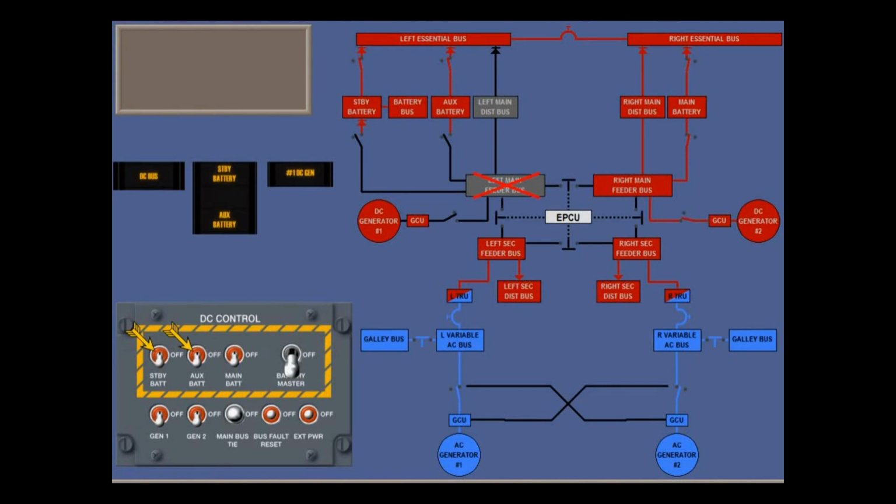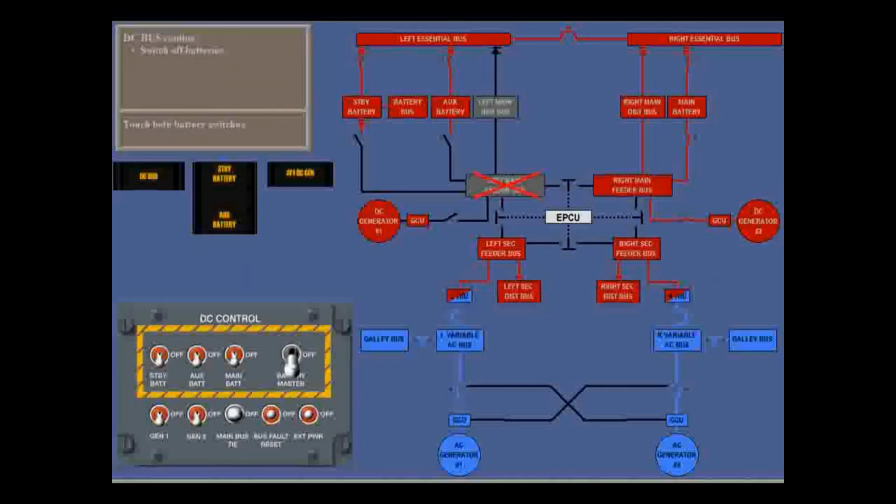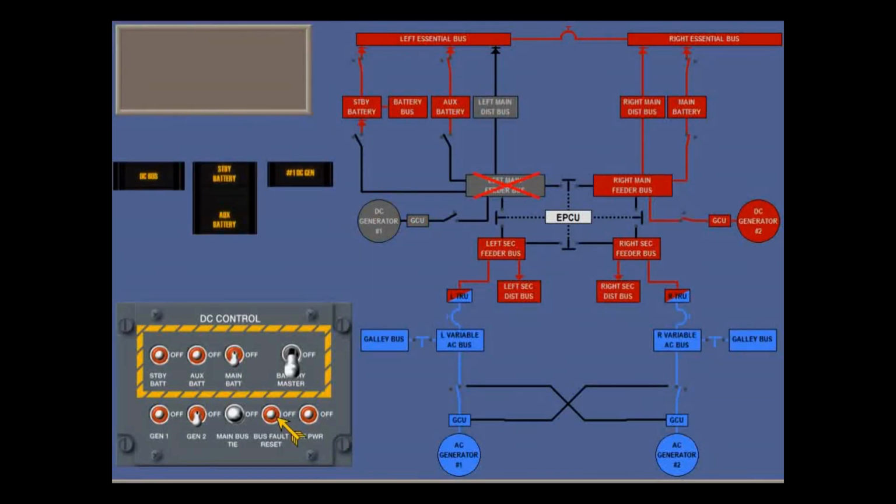You should firstly switch off the batteries. Touch both battery switches. Then switch off the generator. Touch the gen switch. Next, try to reset the bus using the spring-loaded switch on the DC control panel. Touch the bus fault reset switch.